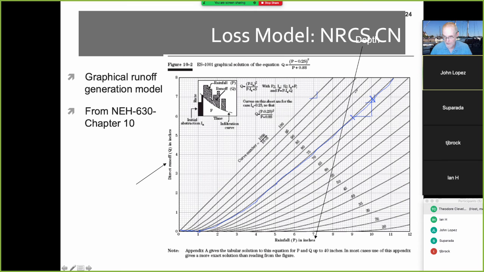So later in time, when the watershed's fully saturated and there's no place else to retain water, what comes in goes out. From that respect, the curve number method has a certain philosophical attractiveness. But it may take weeks to produce 10 inches of rainfall depth, which kind of blows it out of the water for an event approach.